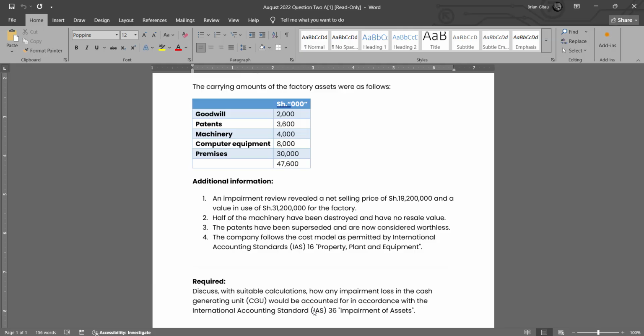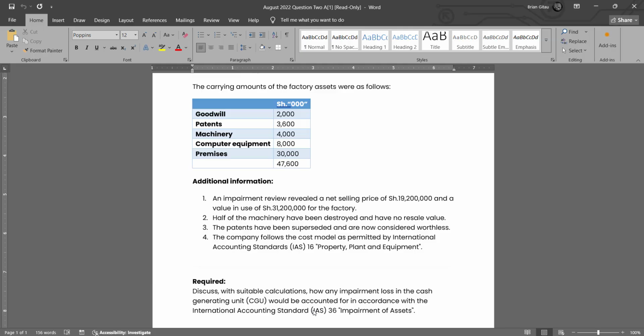So we are going to write off half of the machinery. We are also told that patents have been suspended and are now considered worthless, so the whole 3.6 million is going to be written off.